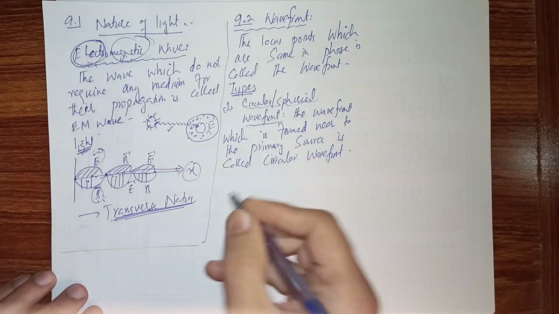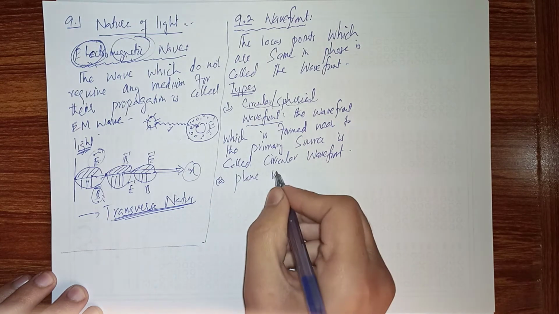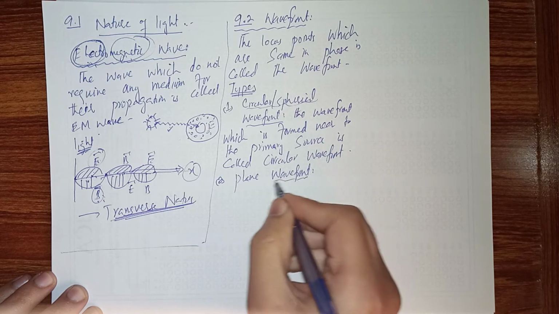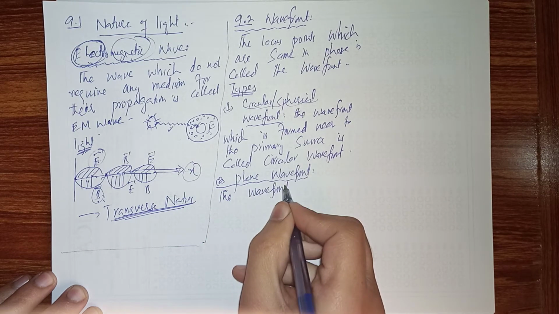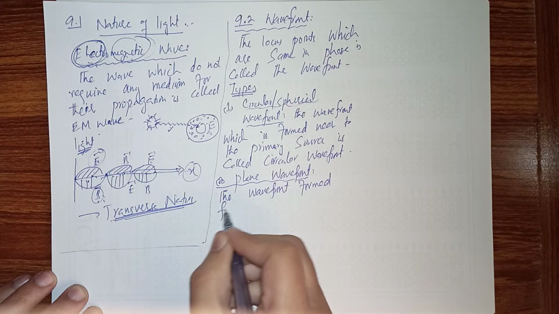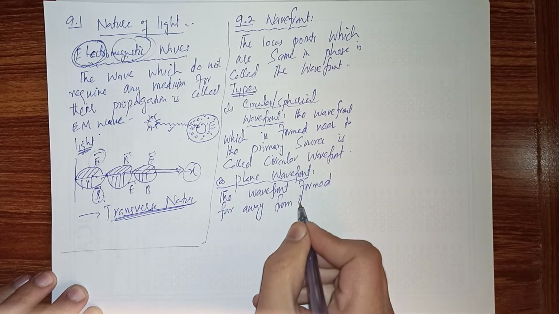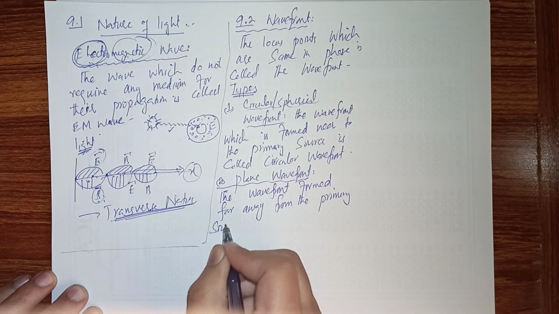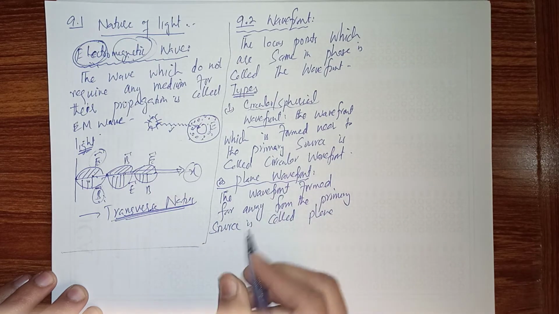Okay. Another type is plane wavefront. So plane wavefront is defined as the wavefront formed far away from the primary source is called the plane wavefront.